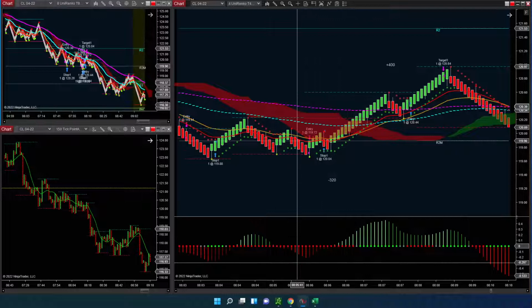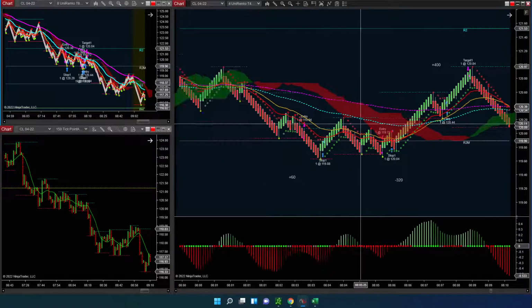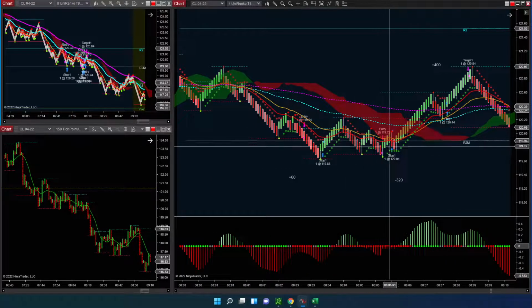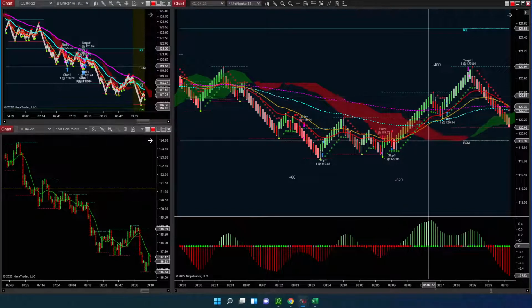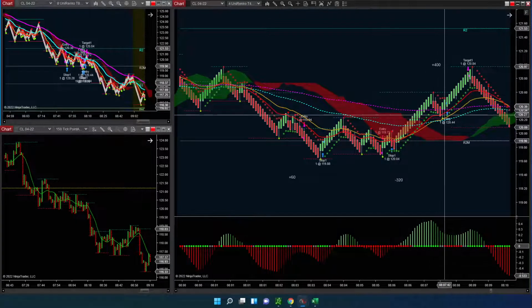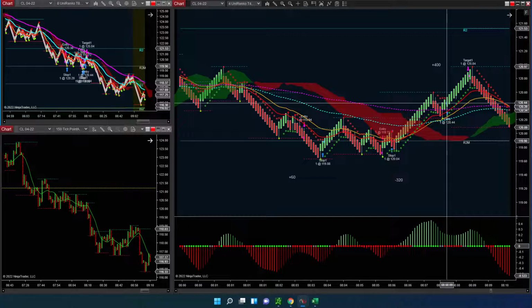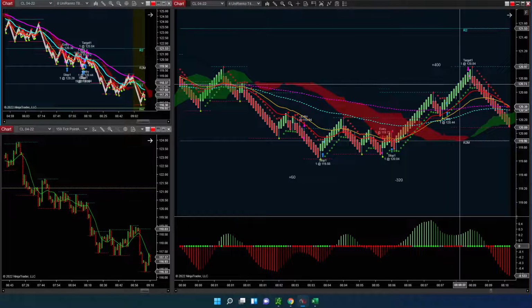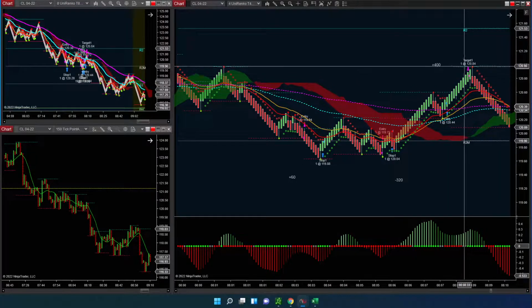So the market reversed, was below the cloud and below the moving averages, went up above the cloud and the moving averages, and then reversed. And then when it made this ABC shape, I took the trade right there, and it was good all the way to 120.84.